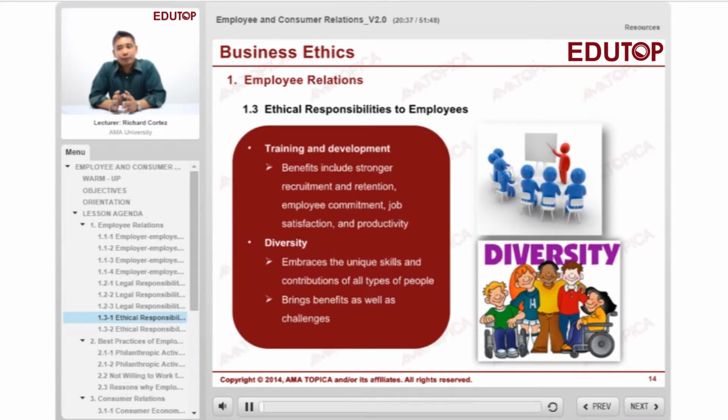So we have another subtopic, that is the ethical responsibilities of the employer to employees. The company has the responsibility to train and develop all the employees within the organization. So employees have a need to grow. The employees should grow with the company, so the company should provide training, development, professional growth training, personality development training, and career orientation training.